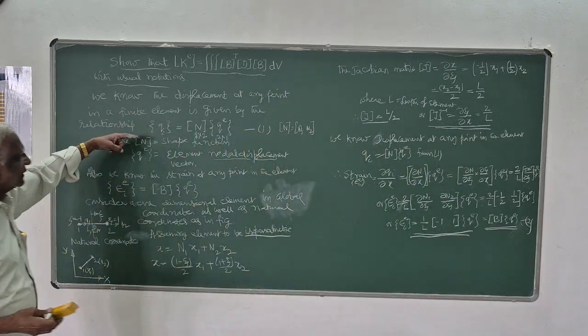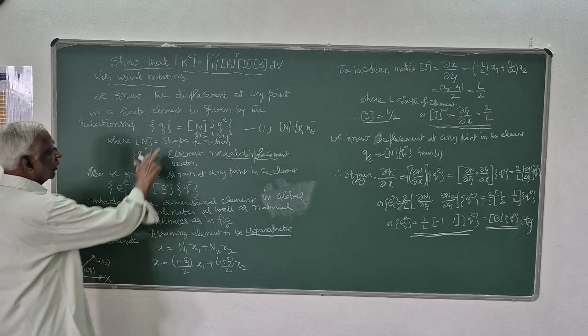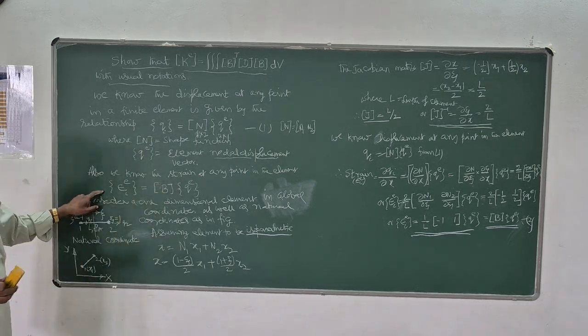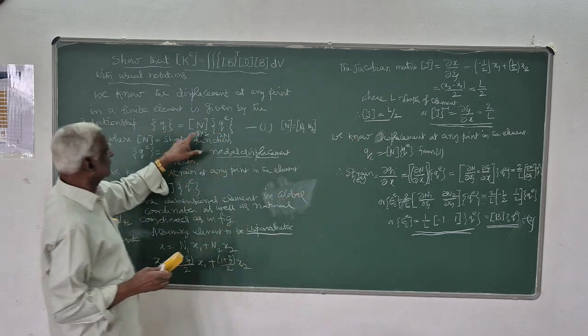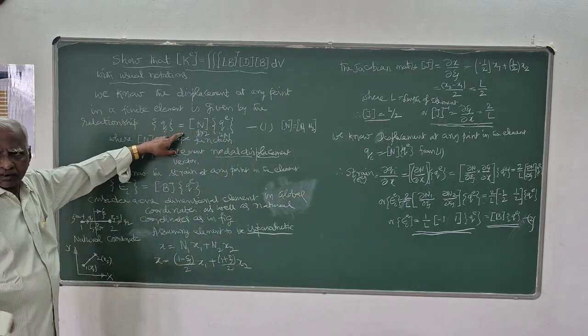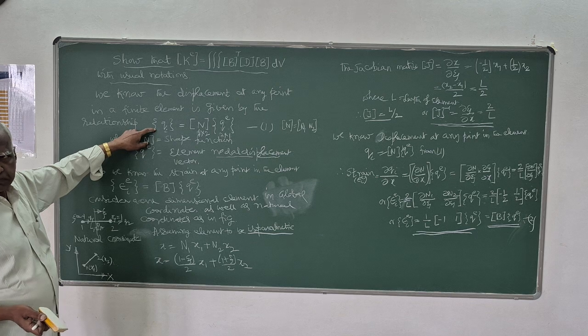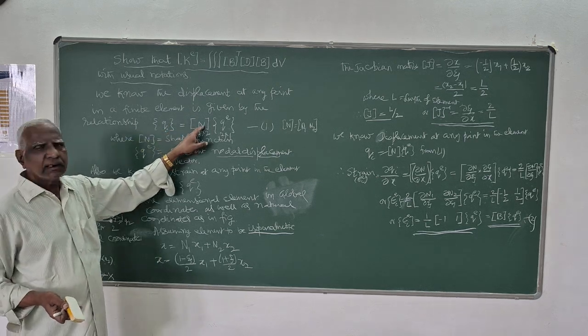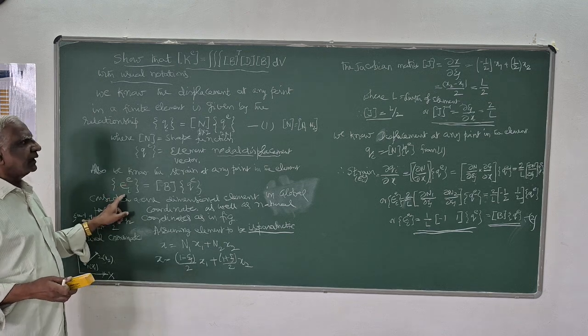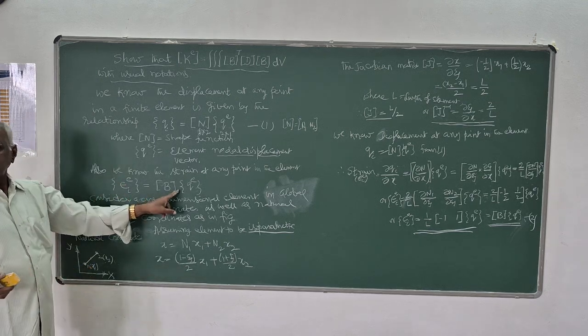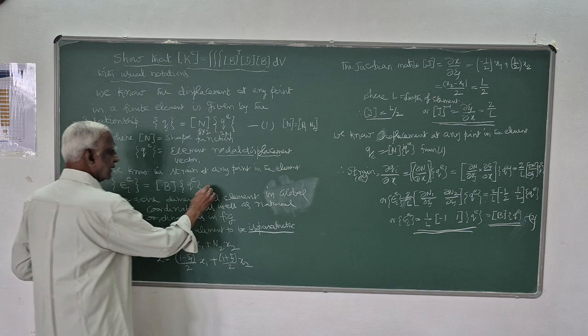So whatever relationship I have told for Q as well as epsilon, I have derived and shown here. Because this of course you know from your already some fundamentals. Displacement at any point is given by shape function into its nodal displacement. Similarly, this strain is given by B into QE, this relationship.